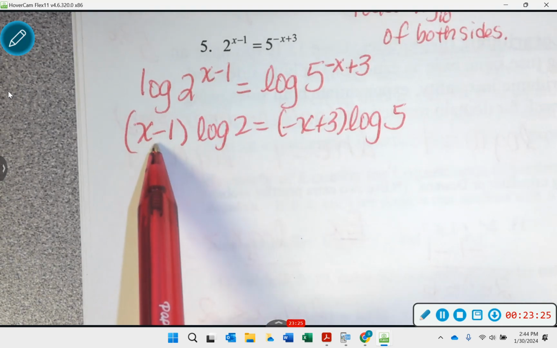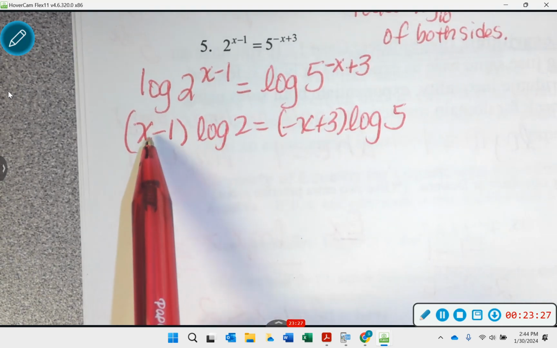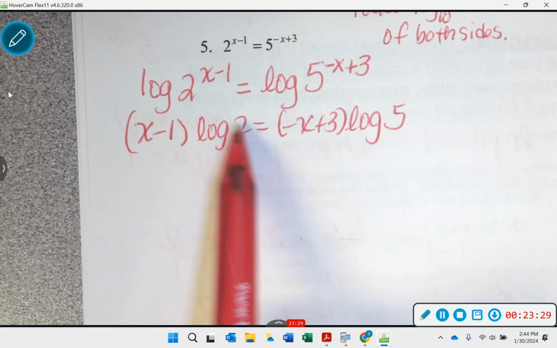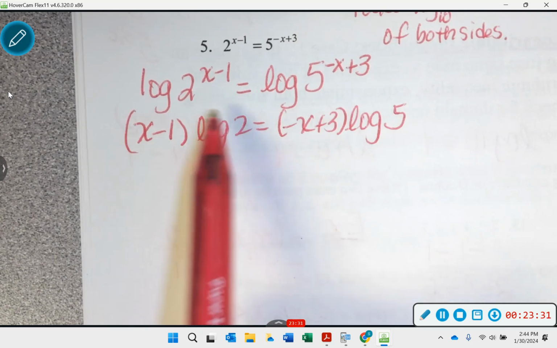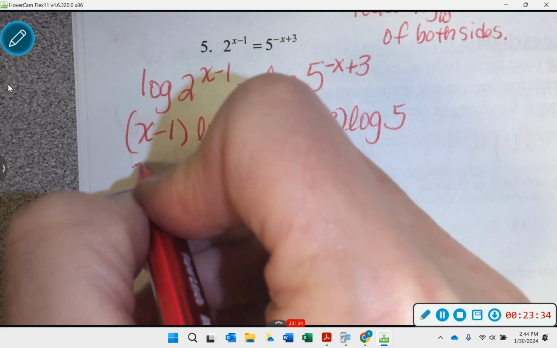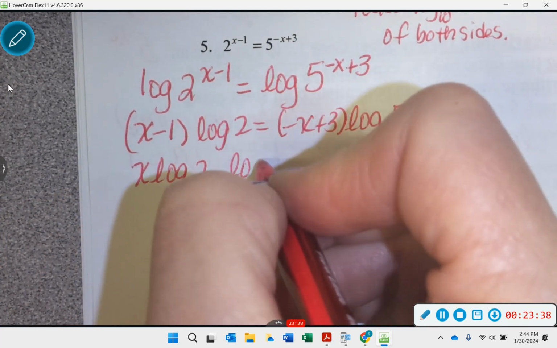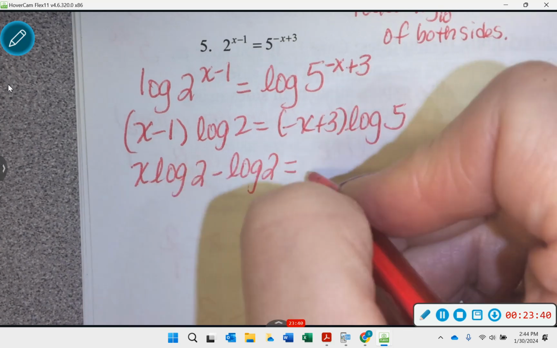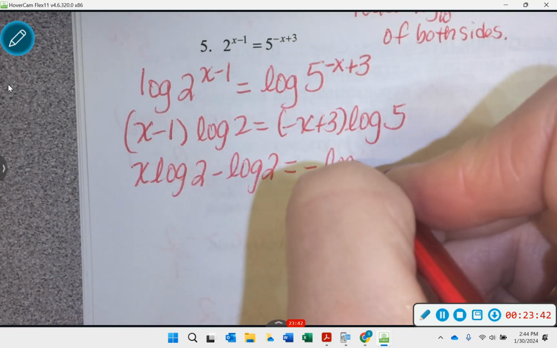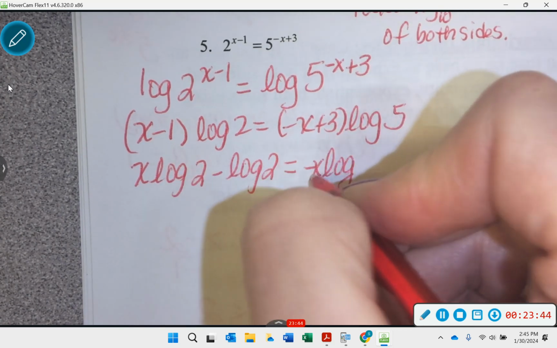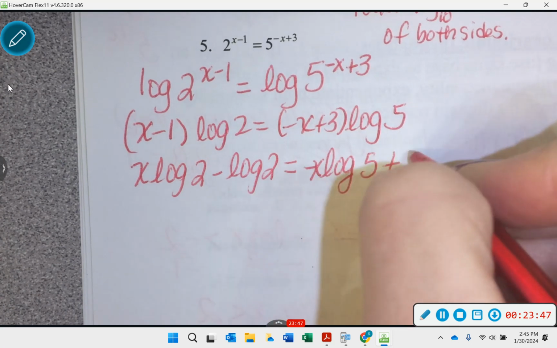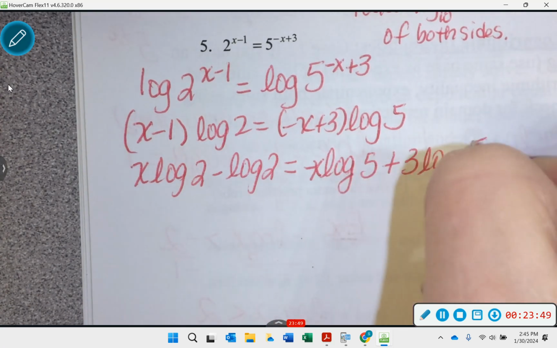What do I have to do with this? Distribute. So I'm going to have x log 2 minus log 2 equals negative x log 5 plus 3 log 5.